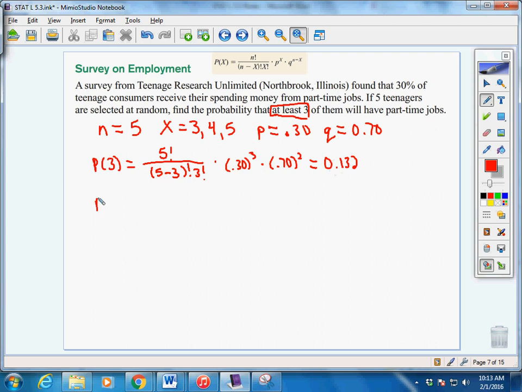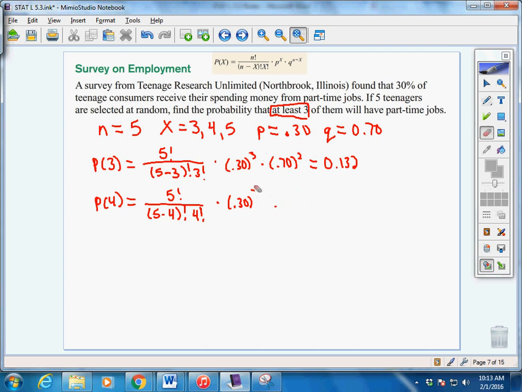All right, now do the same thing for the probability of 4. And again, all I'm doing here is using my formula and plugging in the variables I've identified. Oops, and I already have my little mistake here.